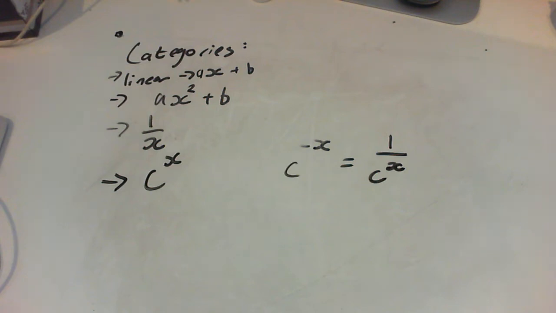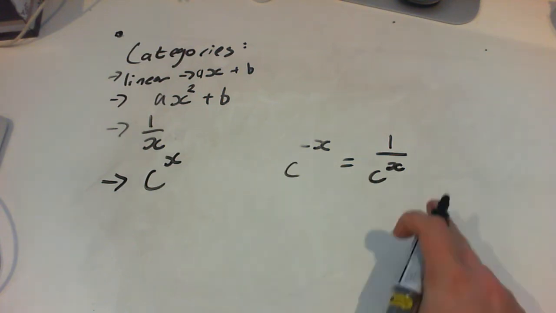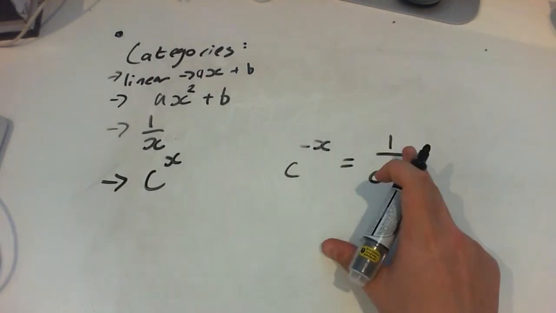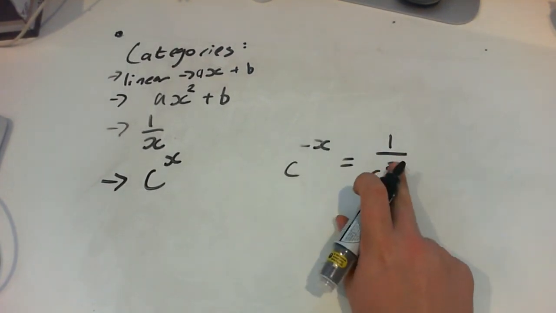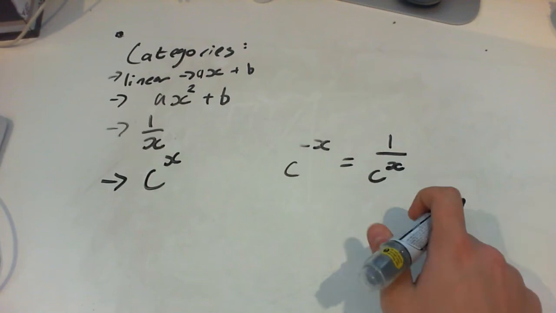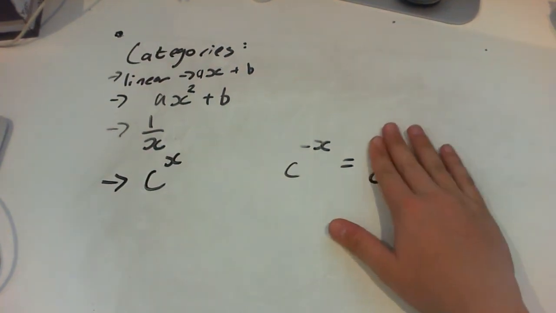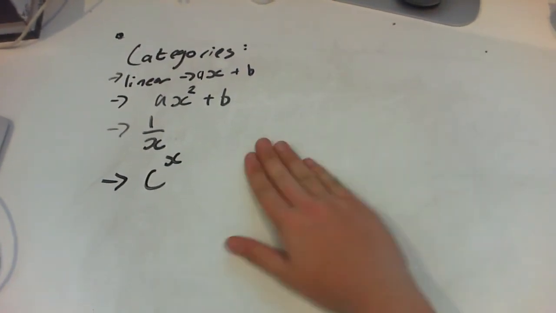So this shows us that even when x is negative, it gets smaller and smaller, because this number is going to get bigger, but because it's 1 over that, it's going to get smaller until x is either negative infinity or positive infinity, and then the answer is either 0 or positive infinity.